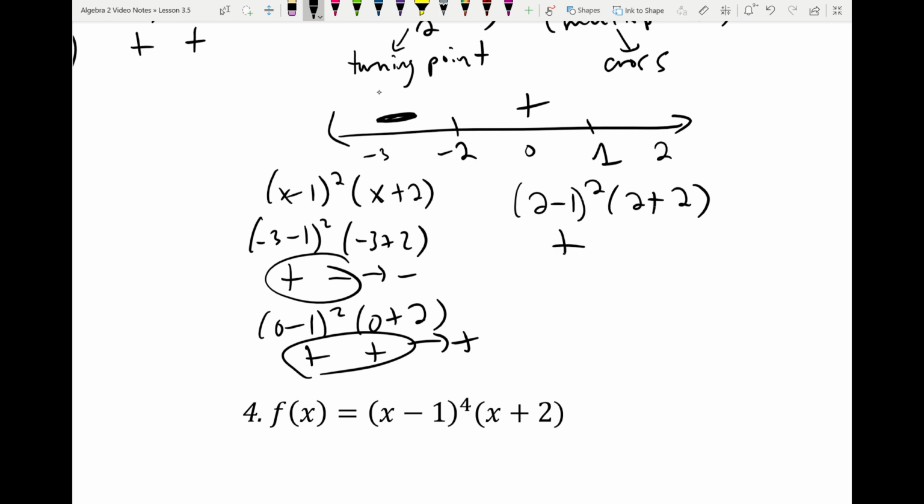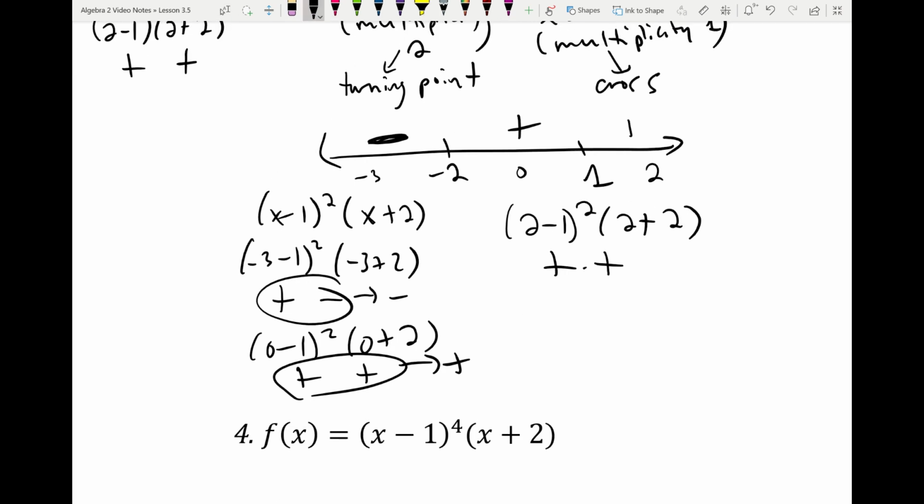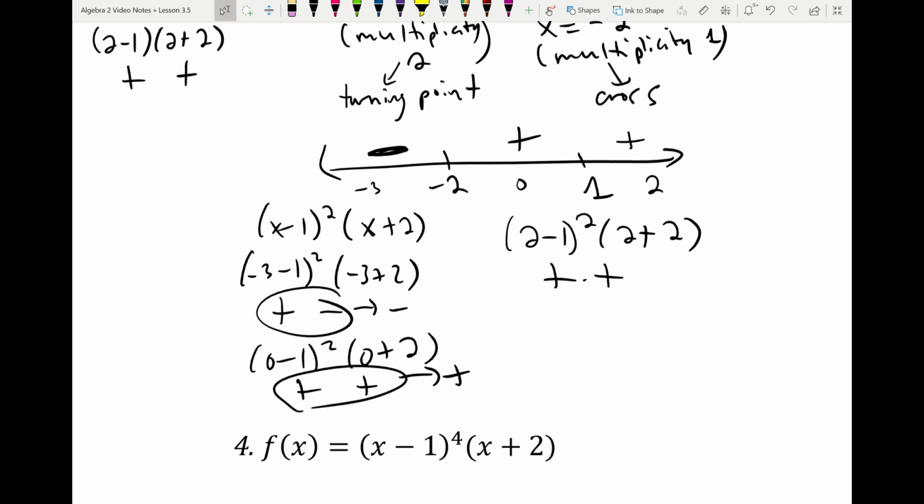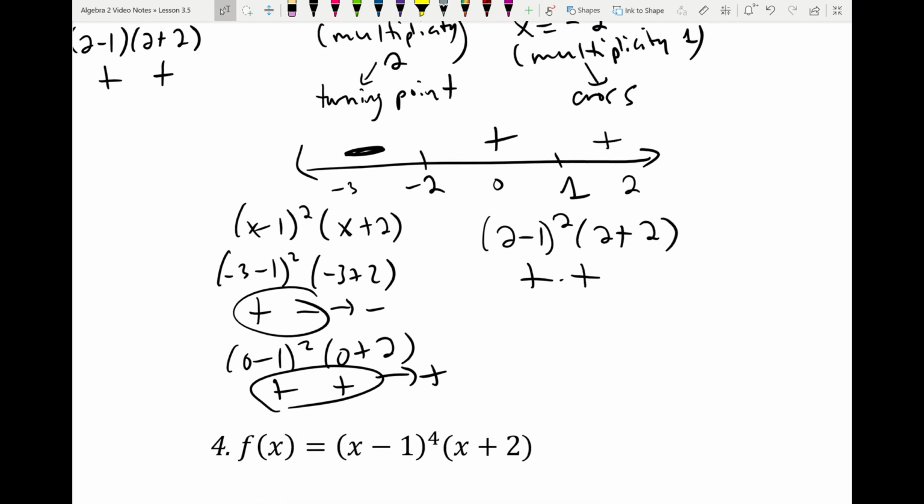It's going to be positive and positive. So it's going to be positive there. All right, I'm going to erase this because I need to write something down. This is going to be a turning point. This is going to be where it crosses.